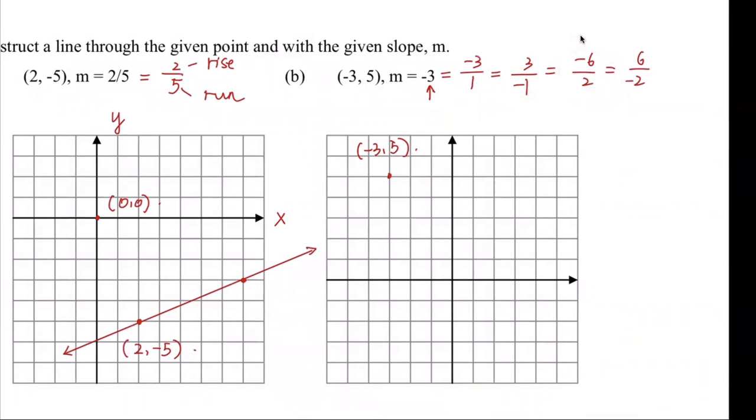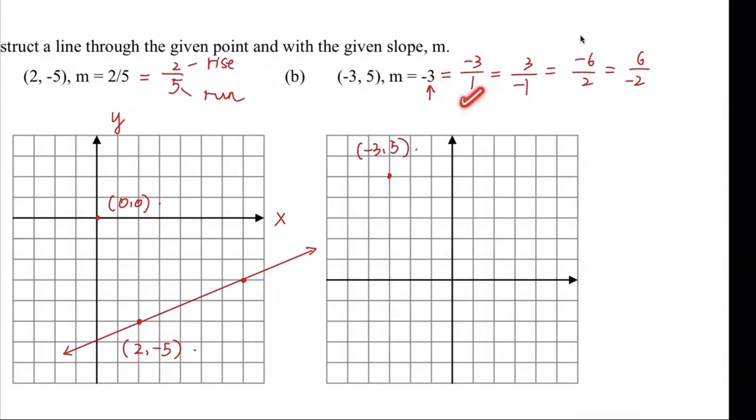Using -3 over 1 or -6 over 2 will lead to the same straight line. So don't worry about whether to write -3 over 1 or 3 over -1. It doesn't matter; as long as this number is equal to -3, it will lead to the correct answer.